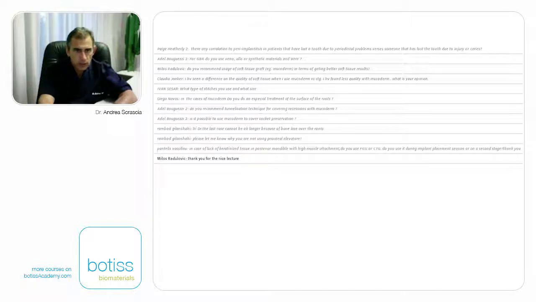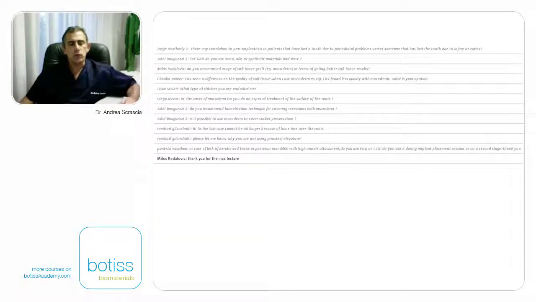Last one, I think. I use always, it depends. Probably the question is if I use it before the implant insertion or in the same step as the insertion of the implant. It depends.